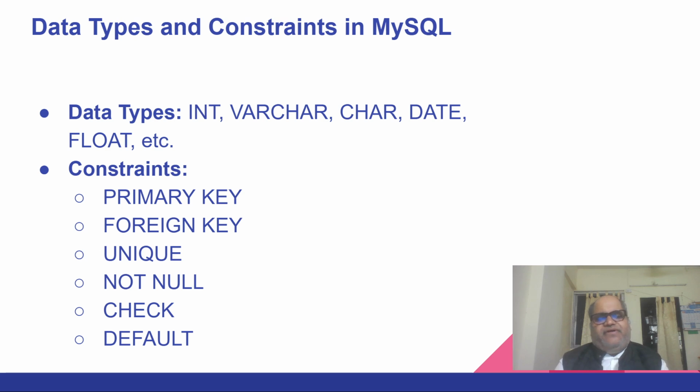For example, a primary key ensures uniqueness, while not null ensures a column cannot have null values. These are critical for maintaining accurate and consistent data.